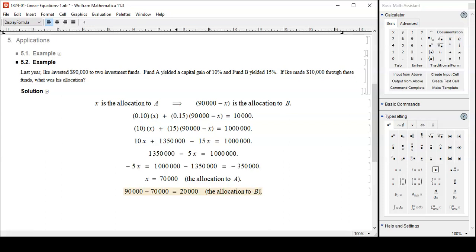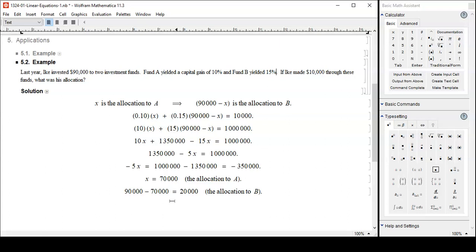That's the allocation to Fund B. 90,000 minus X. So the initial 90,000 was divided into 70,000 and 20,000. 70,000 into Fund A, which is a bit safer, and 20,000 to Fund B, which is a bit riskier. And in this particular year, A yielded 10% and B yielded 15%, so they added up to positive $10,000.